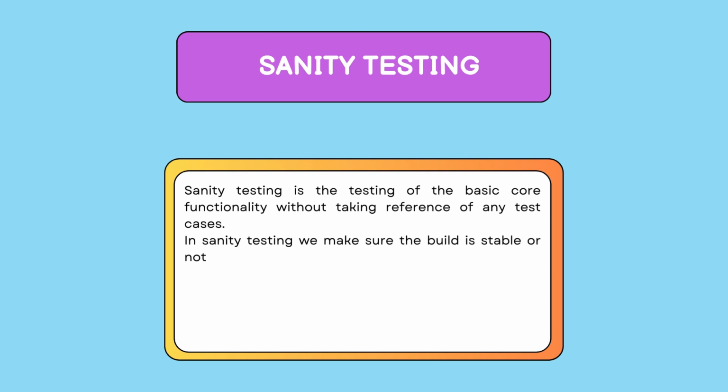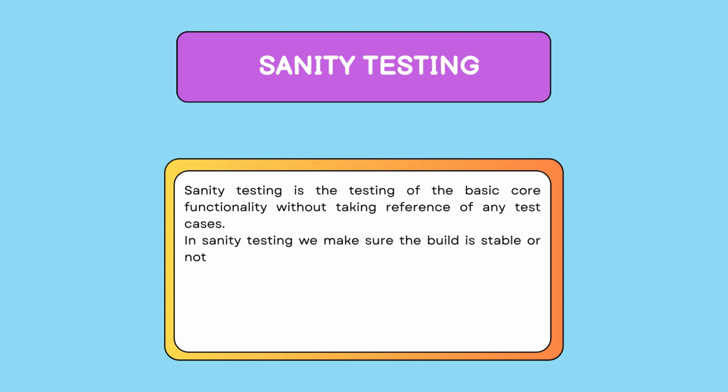We have a share option. In the comment section we have the text field. So for YouTube, these are the basic and core functionalities which must be functional. They should be working and the result should be as expected. So testing the core and basic functionality is nothing but sanity testing.